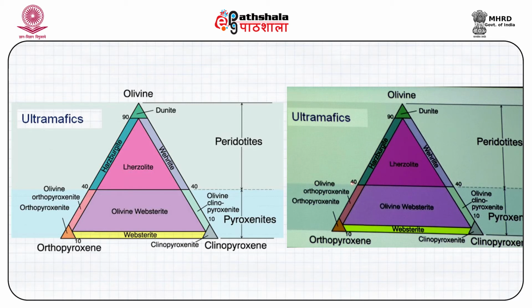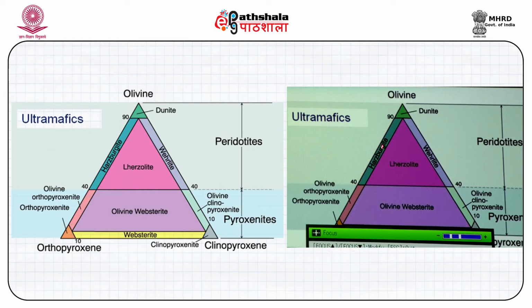And now you can see there is a divide of 40% olivine. Rocks having more than 40% olivine, for example, orthopyroxene and olivine together, will form harzburgite.